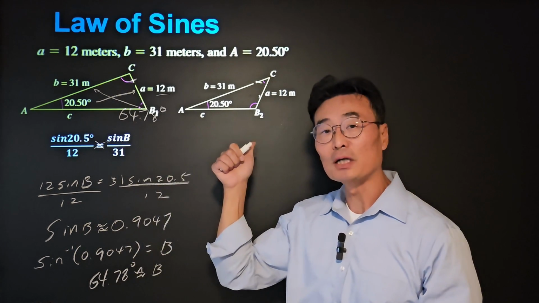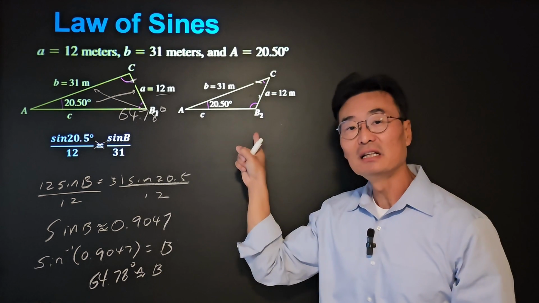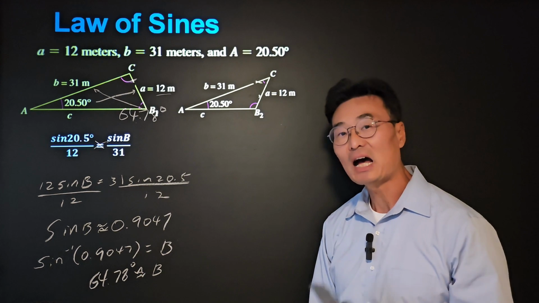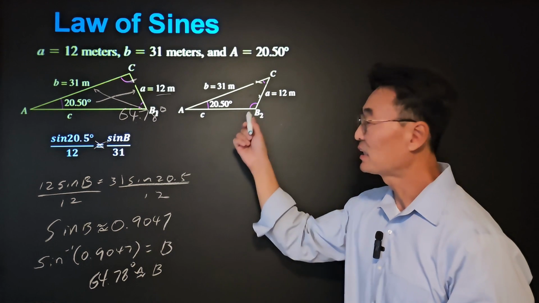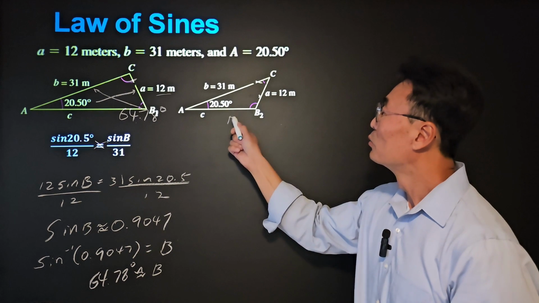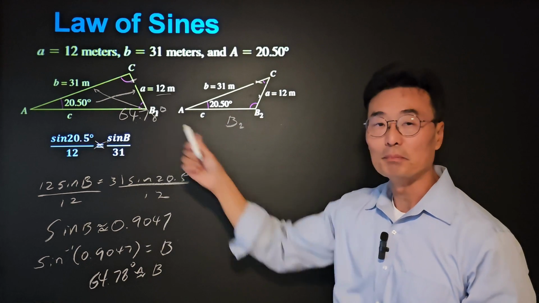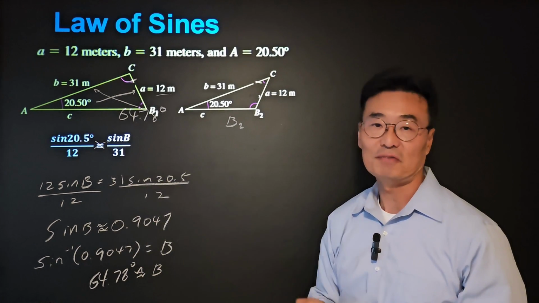Now, what about the second triangle? How do we find this angle B? Well, we can set up the law of sine once again. However, here's a better way. The second angle, we'll call it B2, will always be supplementary with B1, or the first angle that we found.